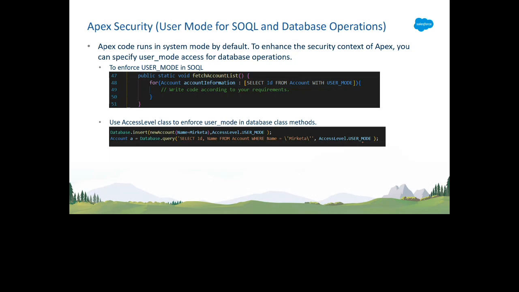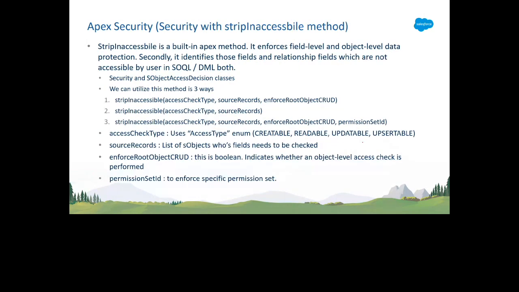Okay, so stripInaccessible. This is a method implemented, I think, in 2022 or 2023, because there were a lot of cases open on Salesforce, as a lot of people were talking about how we can check code-level access and how we can do that.